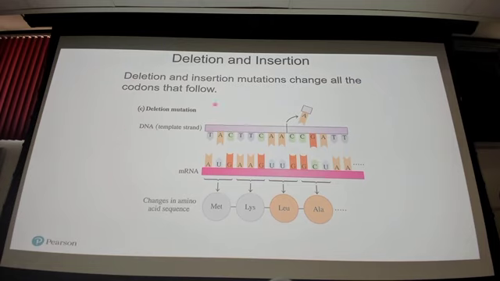And here's an example. If we remove a nucleotide, it's going to shift the reading frame, and it's going to change the subsequent amino acids that build the protein during translation. Any questions?